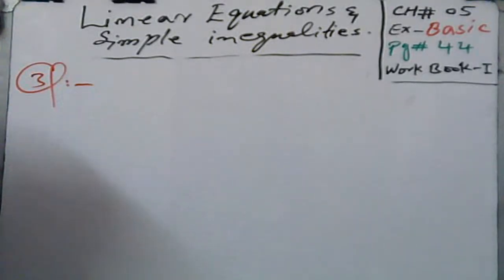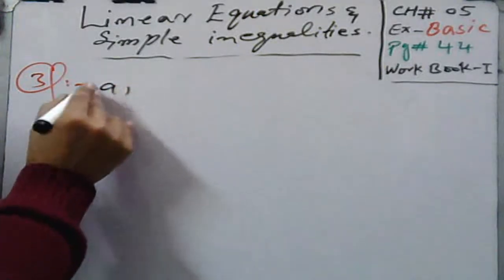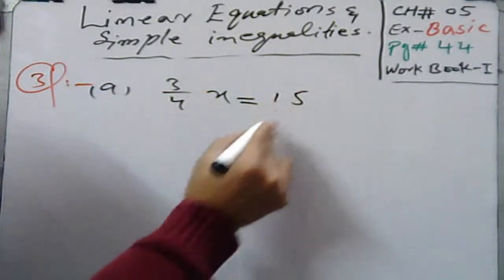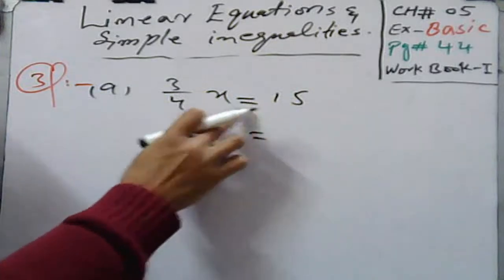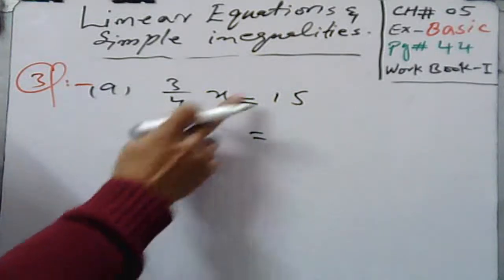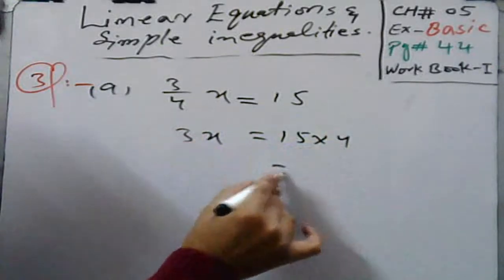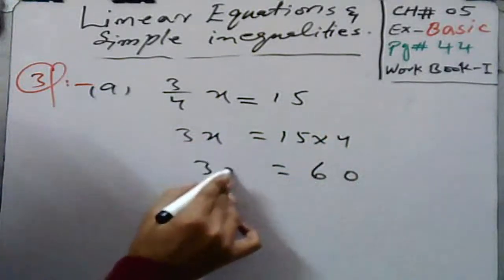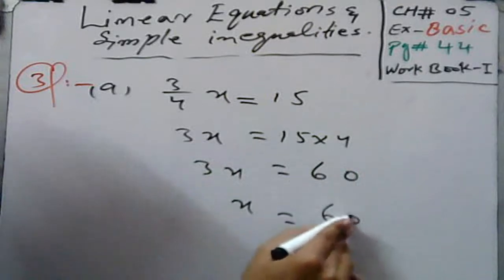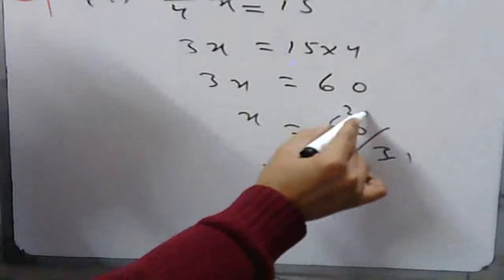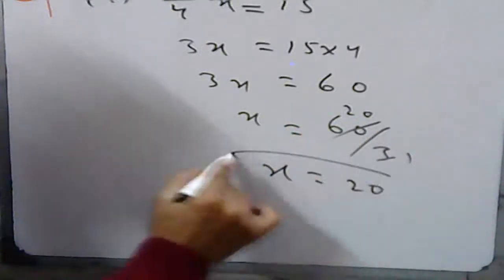Once again we have to find the value of x, that is 3 by 4x is equal to 15. So with the sign of equality, using cross multiplication, you will get 3x equals 15 multiplied by 4, 60. The value of x is 60 divided by 3. So 3 ones are 3, 3 twos are 6, 20. So the value of x is 20.